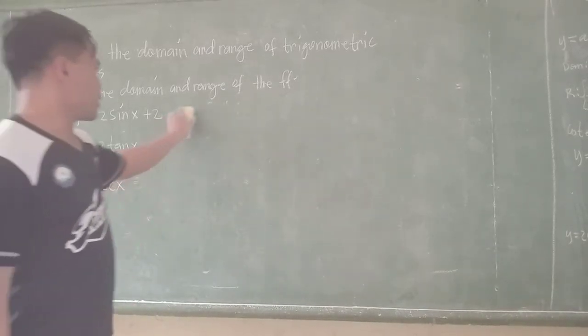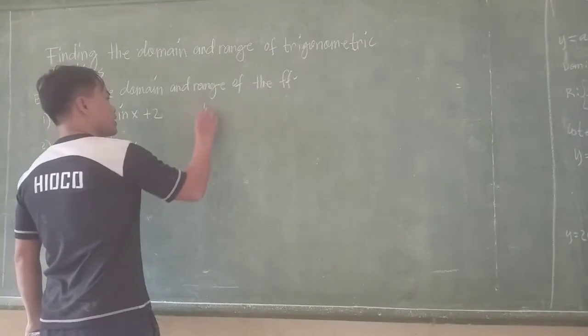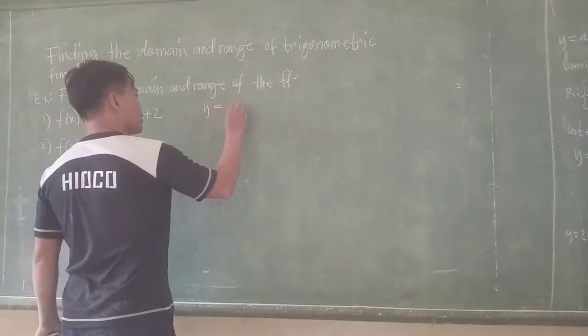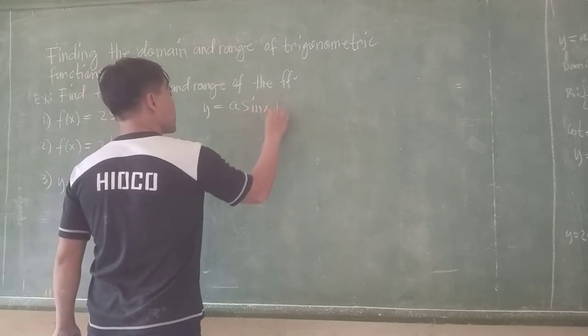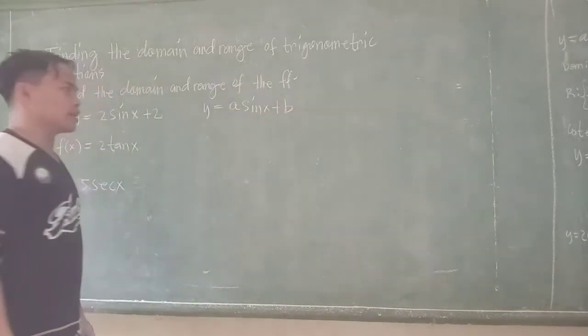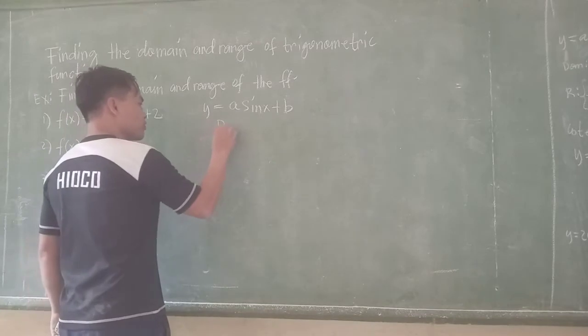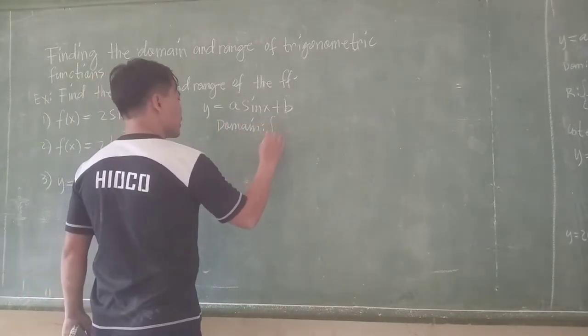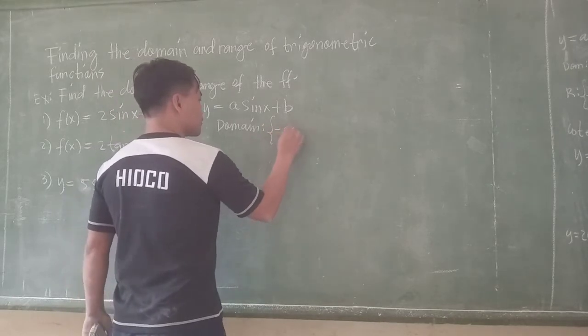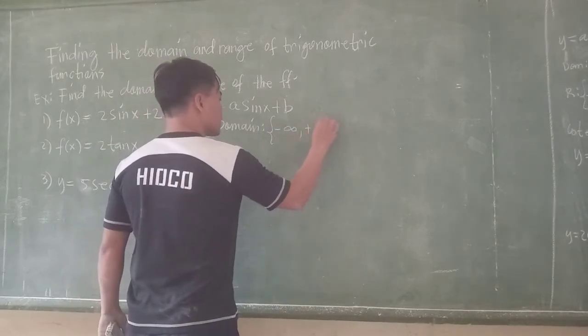So actually, if we're given the function y is equal to a sine x plus b, to identify the range, actually the domain for this one is the set of real numbers from negative infinity to positive infinity.